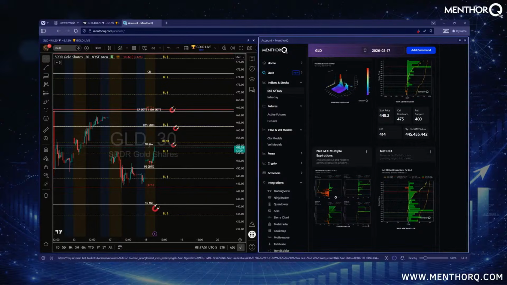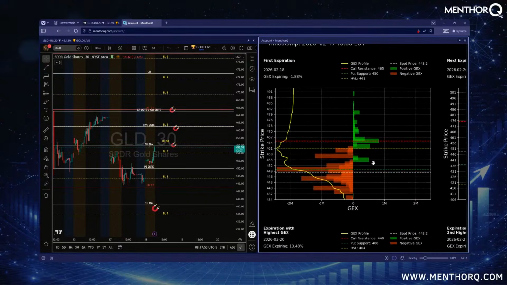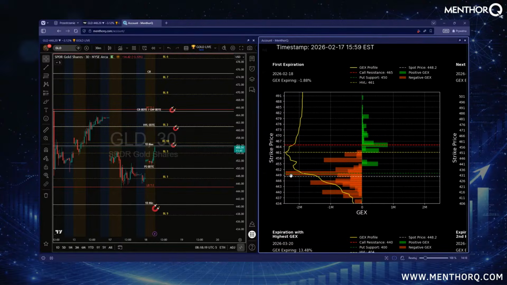But when we are diving into our charts with the nearest expiration, the picture for the first expiration, the 18th of February, is minus near 2%. If we stay above 460, we are in a little bit positive gamma condition, but crossing this, right now we are sitting on 455, we are in a big negative gamma regime with the main strike around 450, then 445 and 440 supporting us.